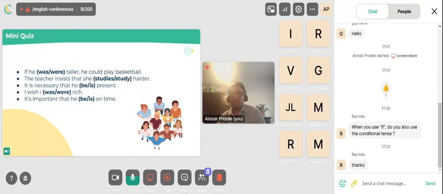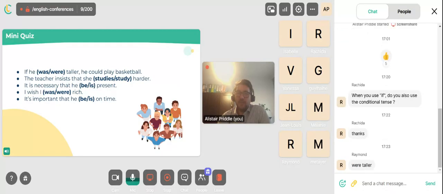So we've got a mini quiz for you guys just to practice in the chat if you like. Okay. So we've got 5 sentences, and for each sentence we want to choose the correct form of the verb. So the first sentence, if he was or were taller, he could play basketball. The teacher insists that she studies or study harder.